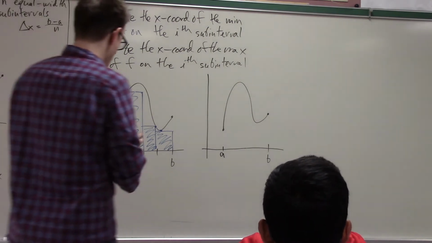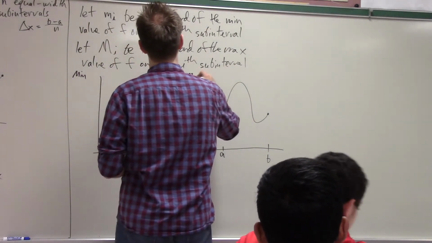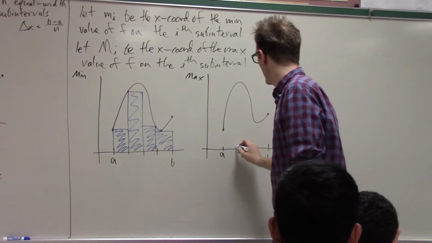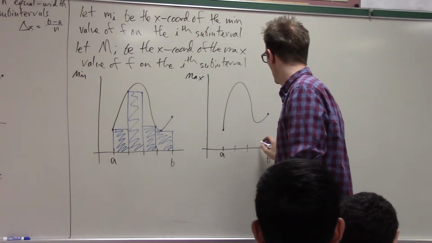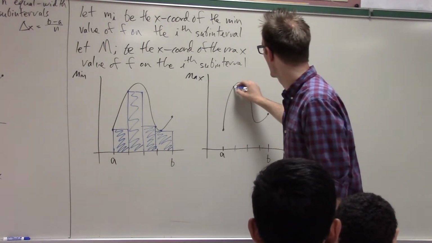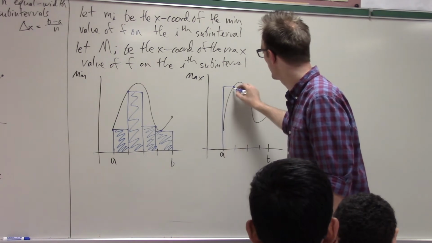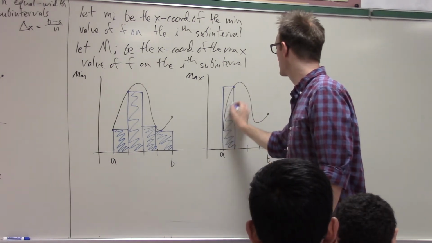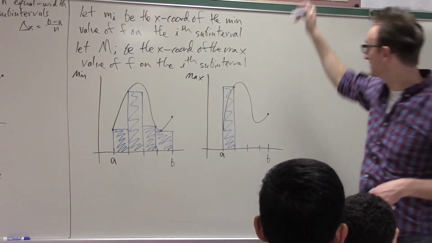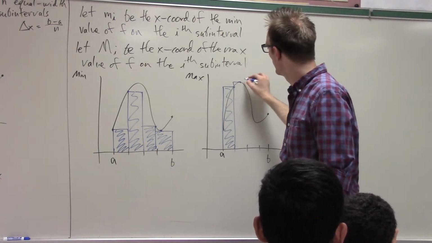And then, of course, we have the max rule. And the max rule is basically a similar kind of thing, right? So now on this first subinterval, I will choose the right endpoint. On the second subinterval, I will choose the relative maximum.